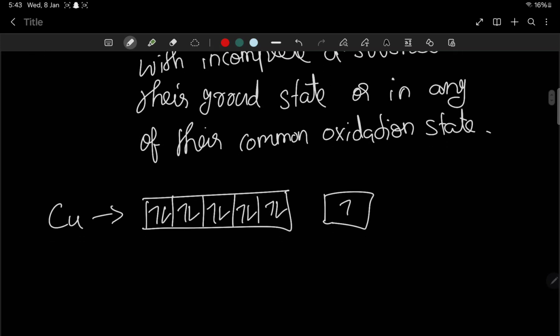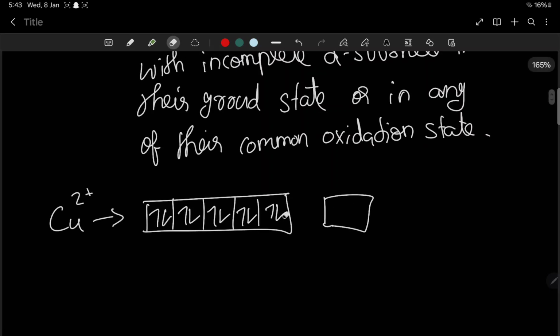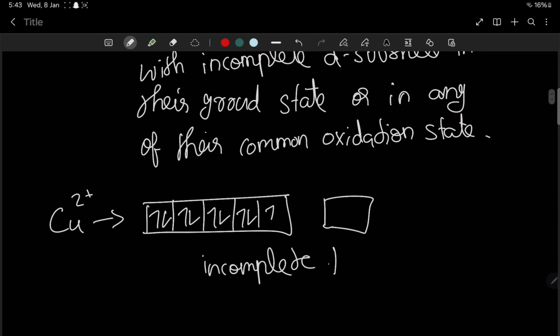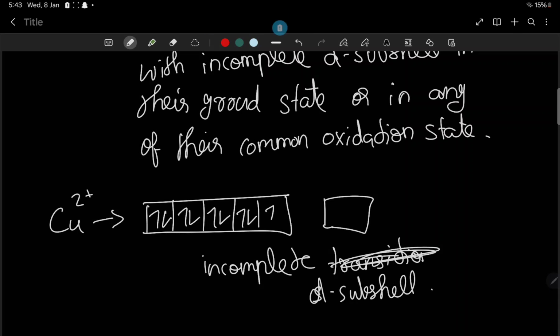Look here, in its ground state it is fully filled, but in the Cu2+ state we have an incomplete d subshell. Therefore Cu is a transition element, because in one of its oxidation states its d subshell is incomplete.